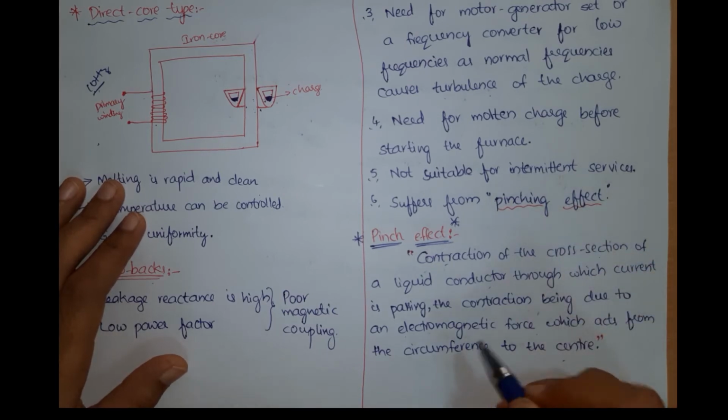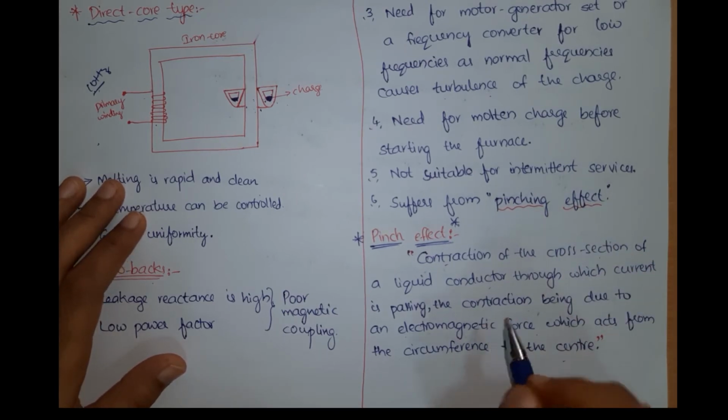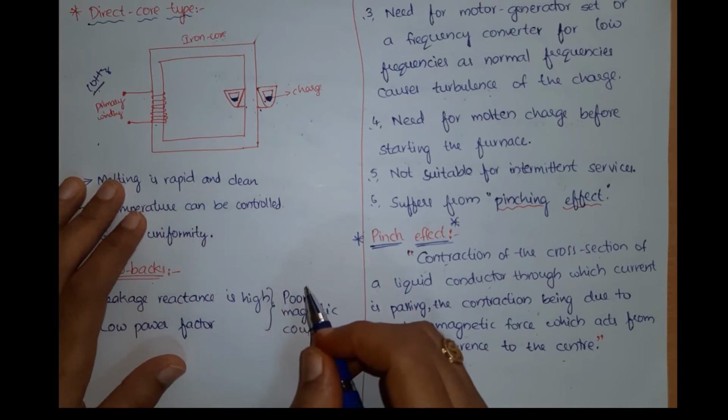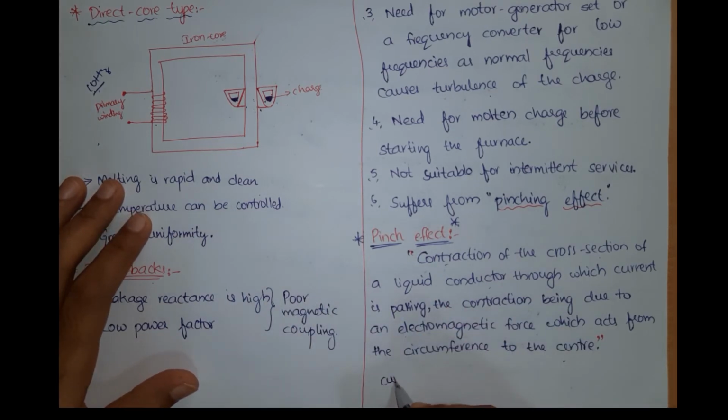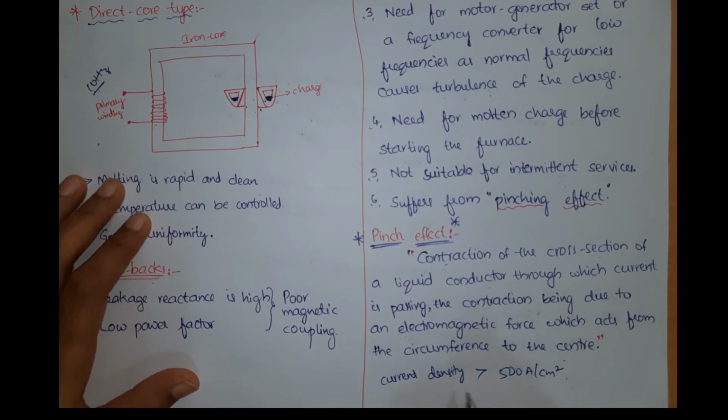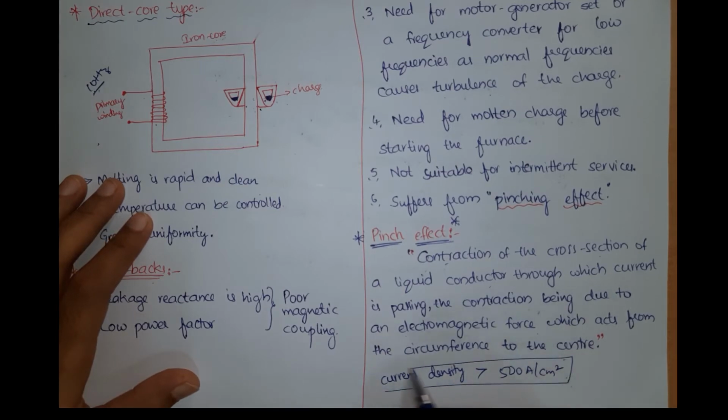So this pinching effect comes into picture in direct core type induction heating or induction furnace when the current density is greater than 500 amperes per centimeter square.